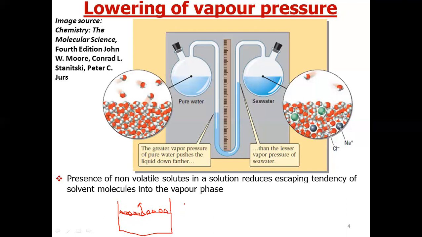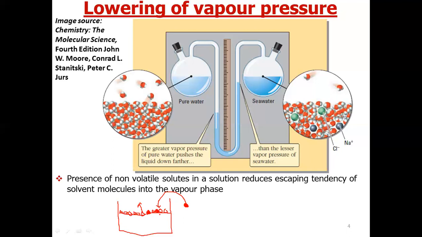Now, if we add some non-volatile solutes, suppose we represent them by solid spheres. We all know that a solution is homogeneous. So when we dissolve these solutes in the solvent, what will happen? Instead of solvent molecules only, there will now also be some solute particles which are non-volatile.